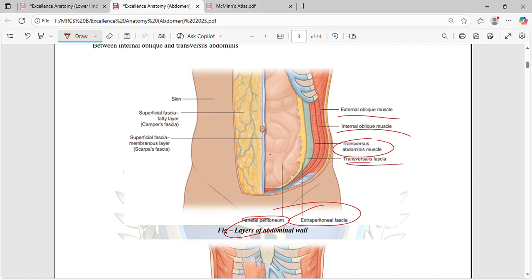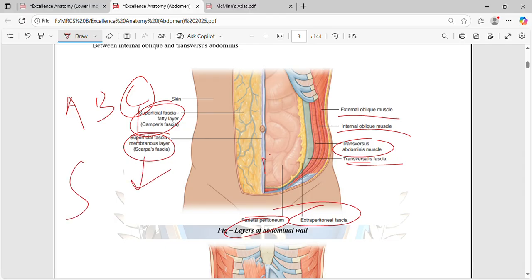This is the linea alba in the center, and the superficial fascia membrane. I remember this as A, B, C: C comes first. So we have the Camper fascia, the fatty layer, and then the Scarpa fascia, from S, the deep membranous layer.